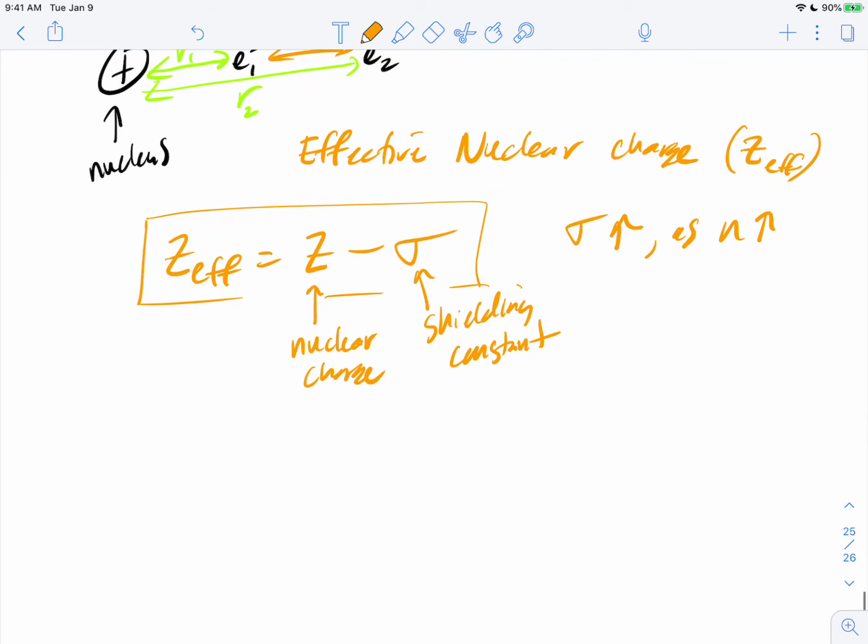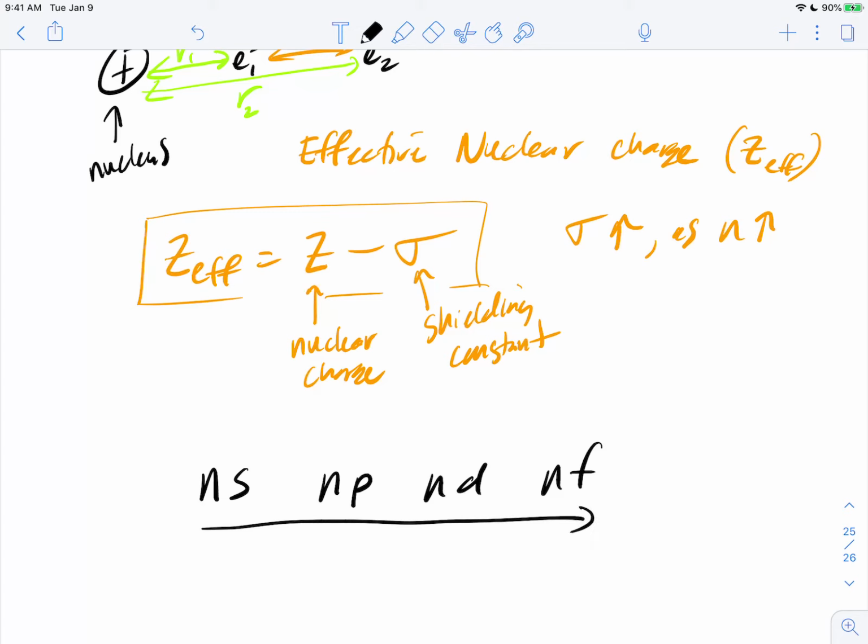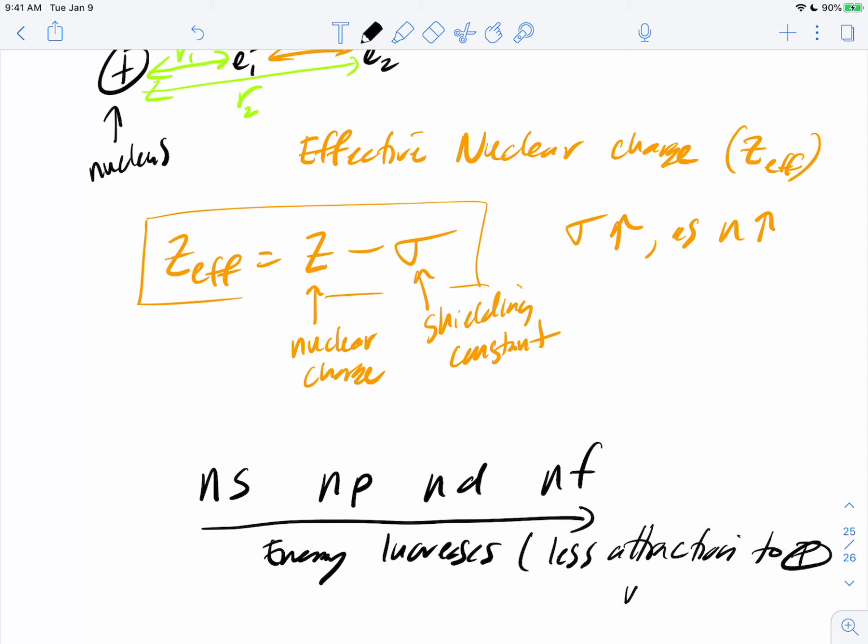To summarize, if we have ns, np, nd, nf, the energy increases, which is another way of saying less attraction to the positive nucleus, which I know is kind of weird to think about.